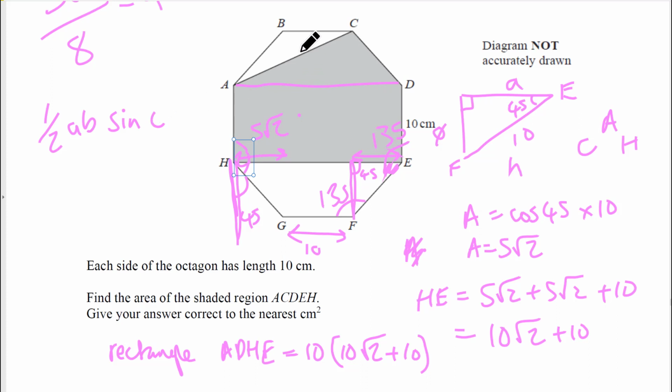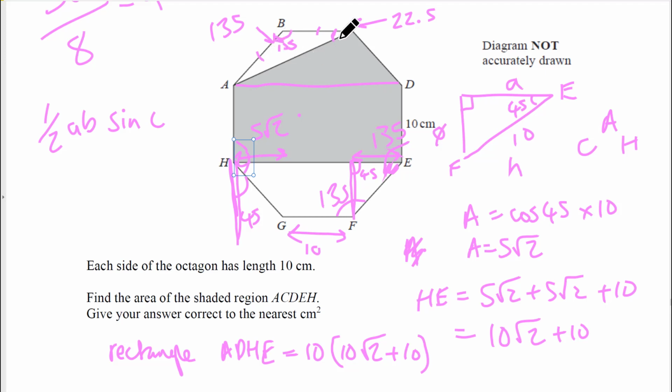So, if this is 135, draw 135. This is isosceles. So this angle here must be 22.5, because 22.5 on this side will make 45.